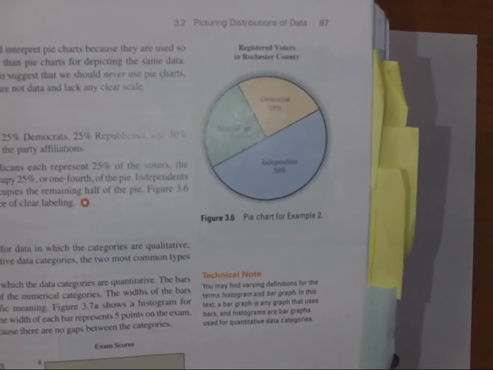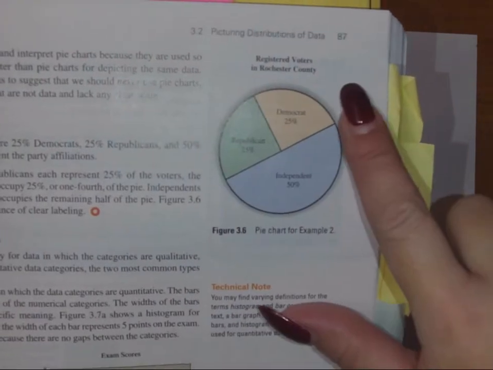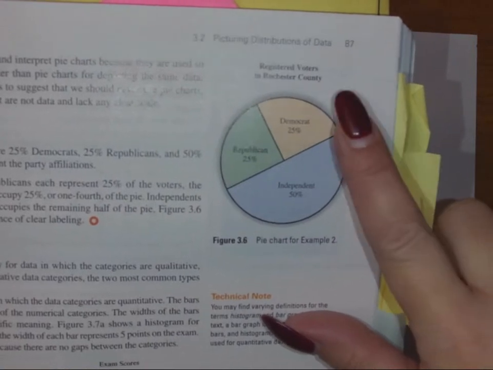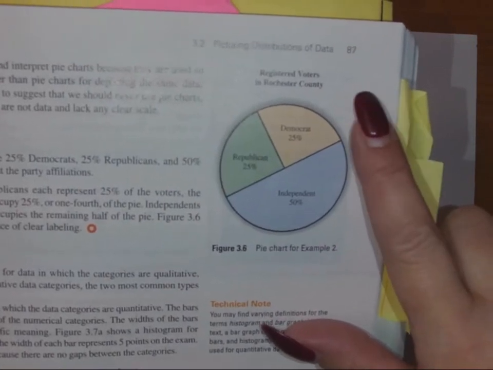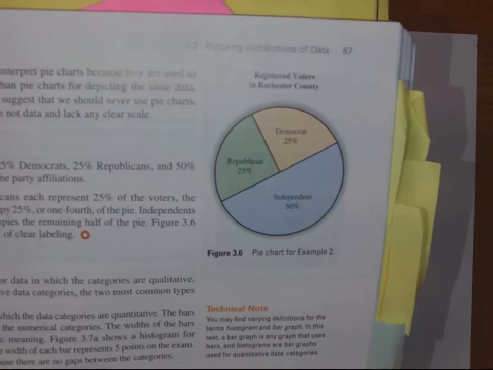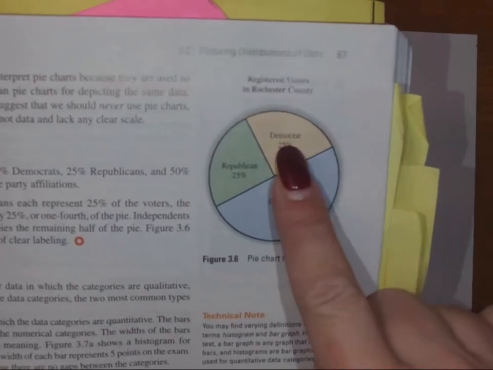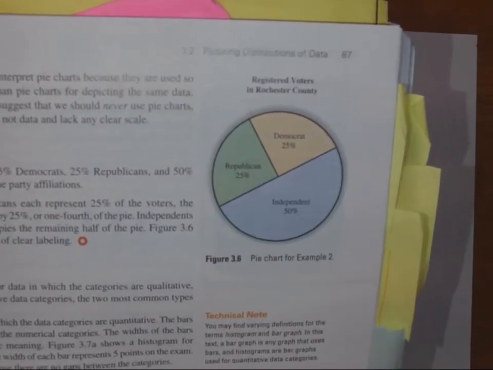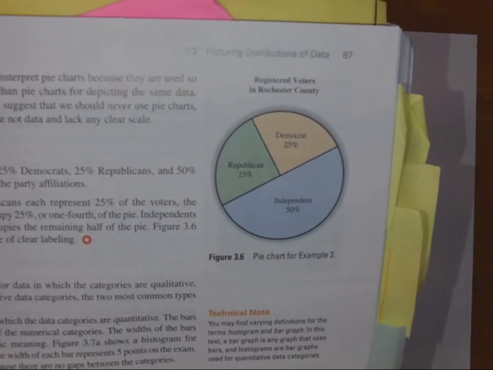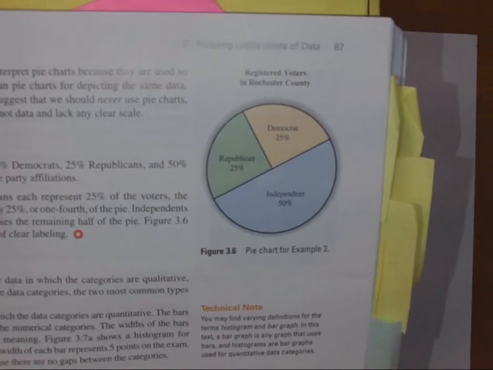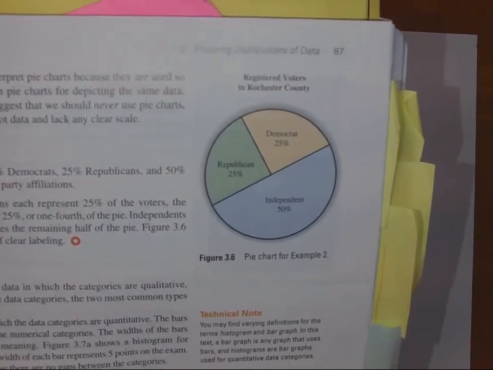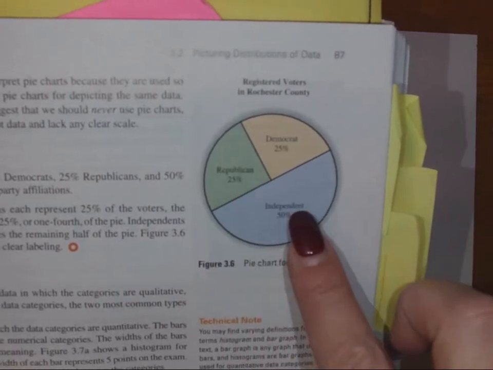Oh, we don't know. Sometimes there will be a little legend that'll tell me the total number of people surveyed. If it was 100 people, then that would be 25 people Democrat, 25 people Republican, 50 people Independent, right? If it was 20 people, then I'd need to split that into 4, so 5, 5, and 10.